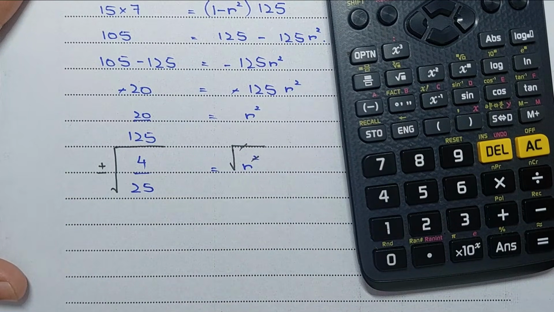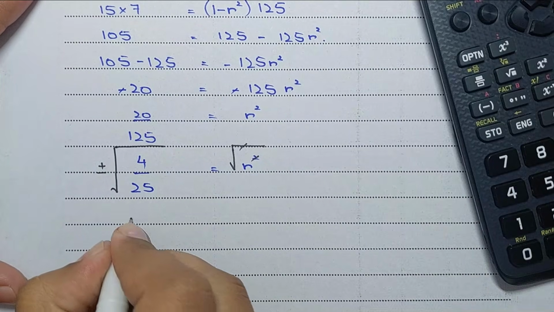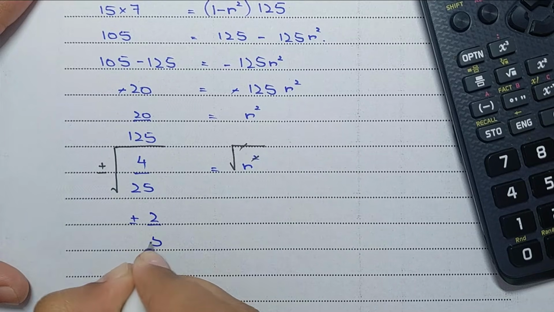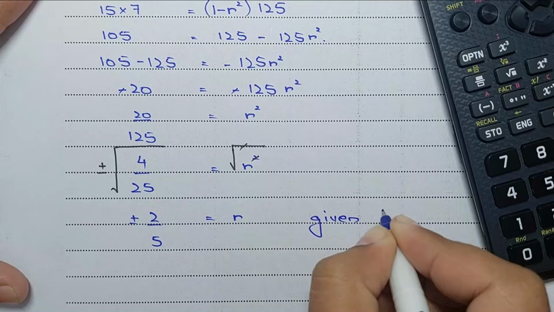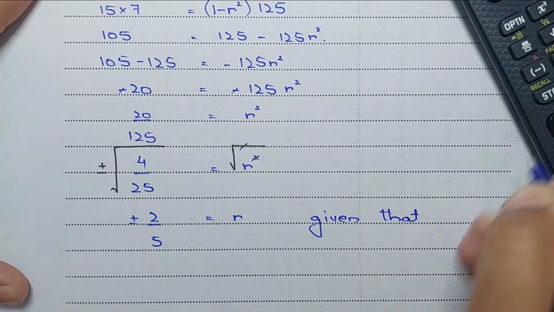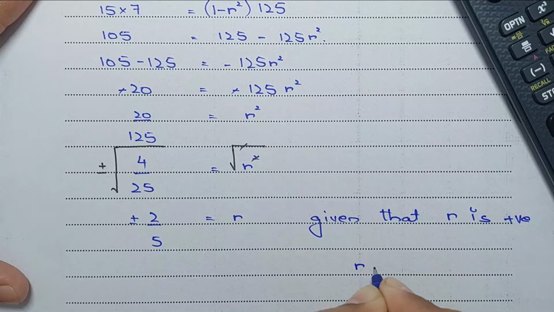Keep in mind when we take the square roots on both sides, it should be plus minus. So the r value is plus minus 2 by 5. This is your r value. Given that r is positive, so we have to pick the positive value of r, which is 2 by 5.